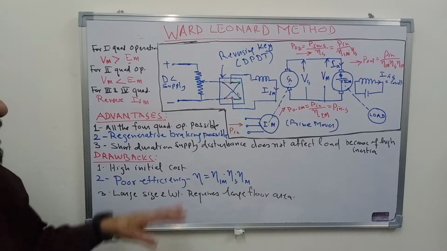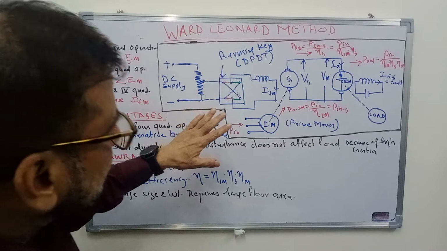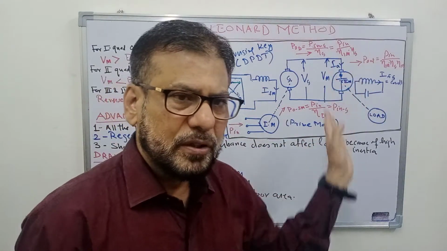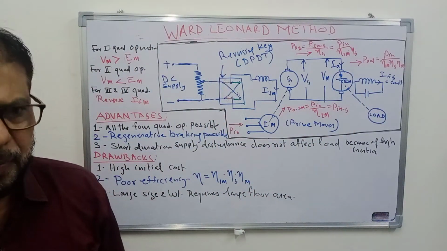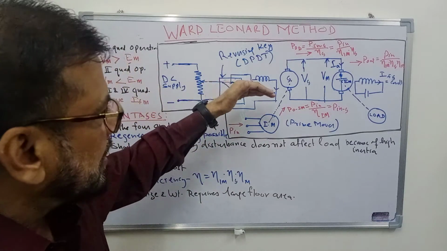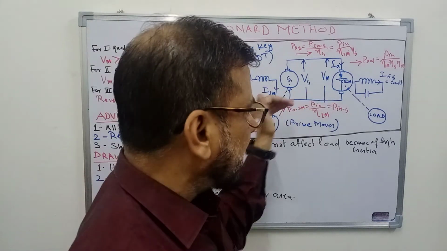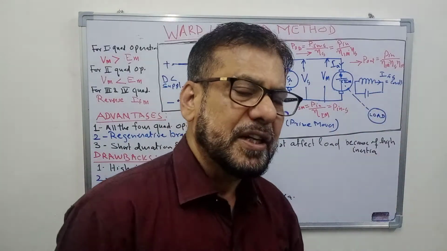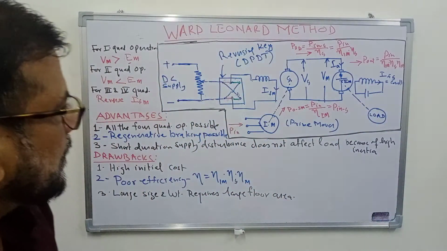Now here you can see that this machine can work in all four quadrants of the speed torque plane. Suppose we have this direction, and in this direction the machine is running in the first quadrant as a motor.